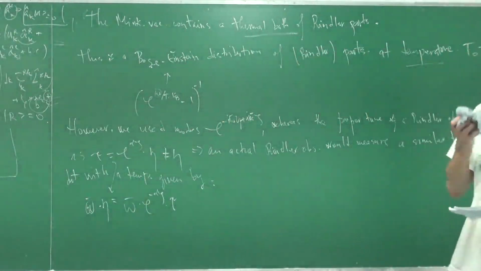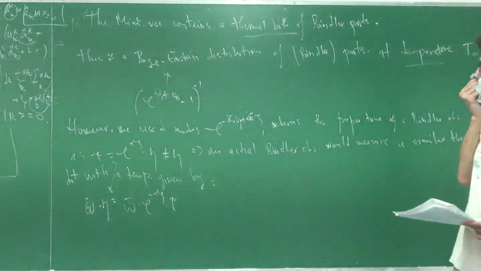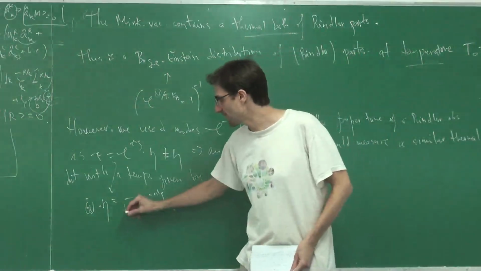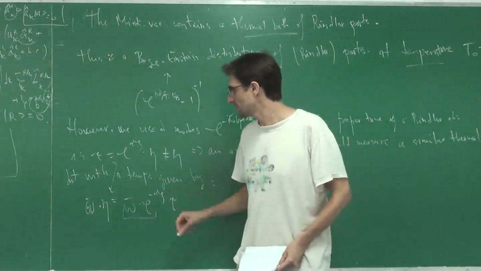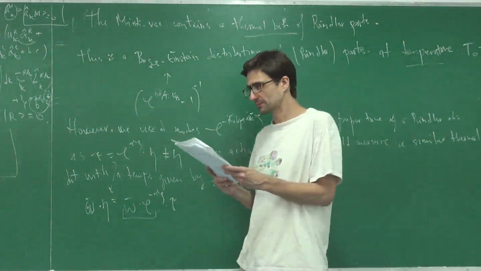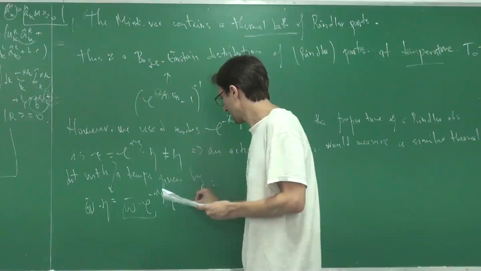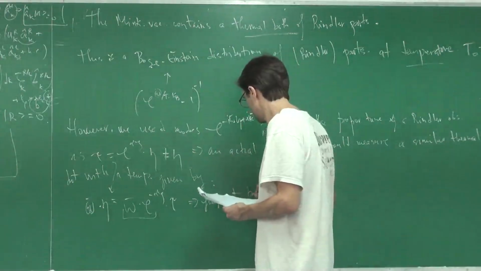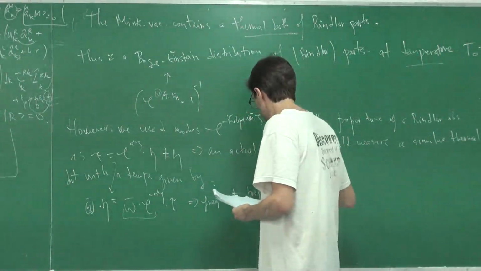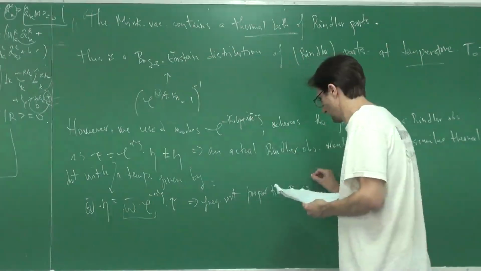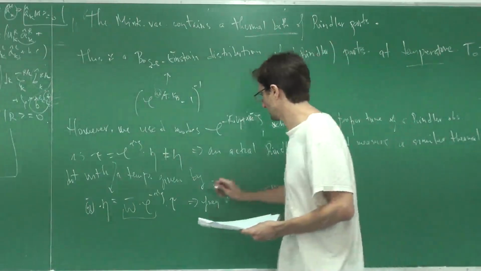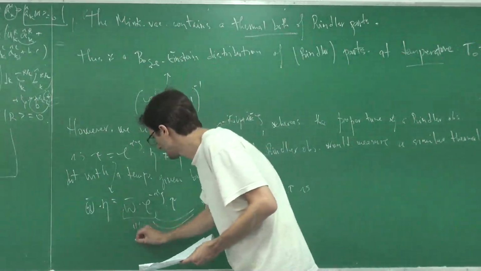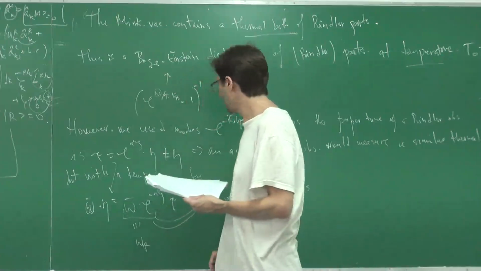So the frequency as measured by the Rindler observer really is the coefficient of the tau bar, which is not omega bar, but it's equal to this. I call it the omega r.